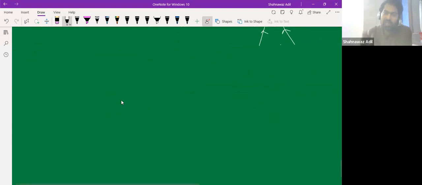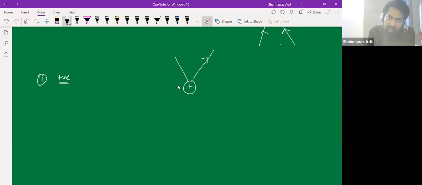So if we do it in a pictorial manner, for a single positive charge, what are the electric field lines? They are coming out of the positive charge.